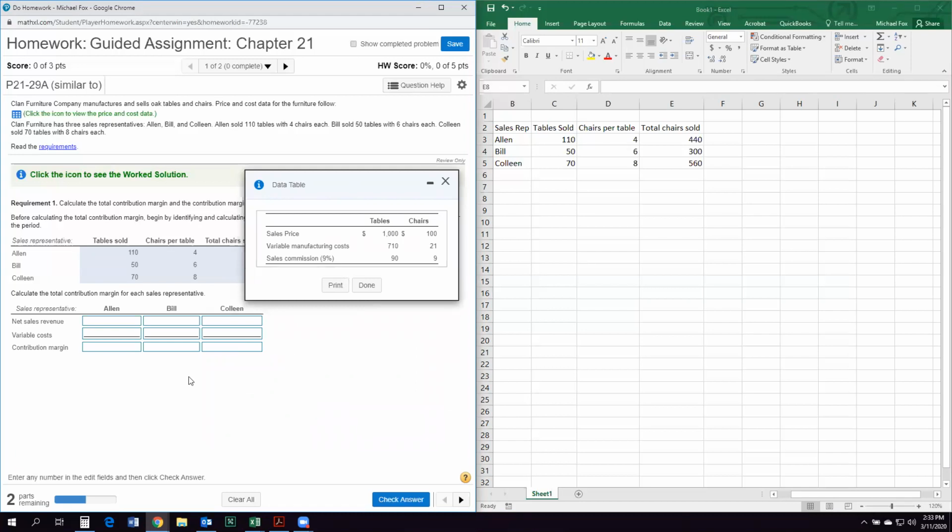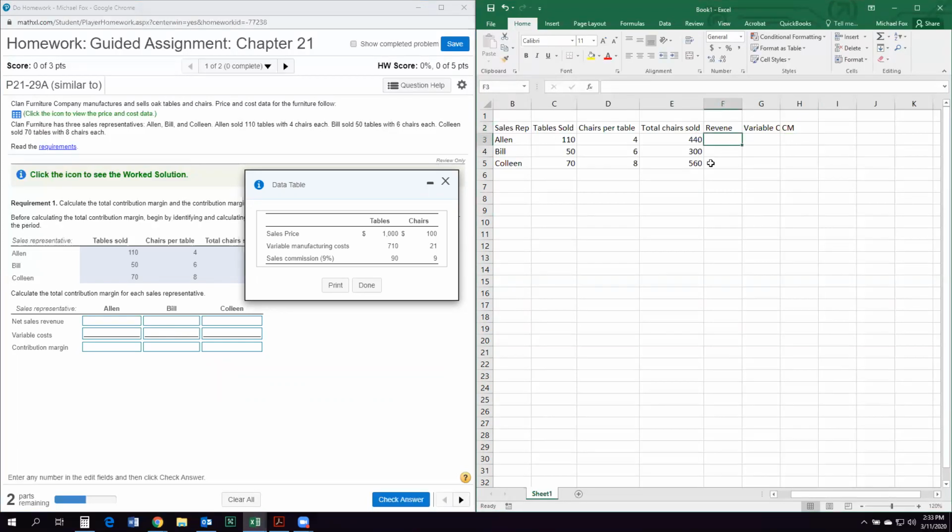So now they want us to calculate the contribution margin for each. The contribution margin is we'll have to figure out our revenue minus our variable costs. That'll give us our contribution margin. So instead of setting it up exactly like this, I think for ease of use in Excel, I'm going to set it up this way. I'm going to say revenue. That'll be the net sales revenue that each person created, and the variable cost, and then our contribution margin.